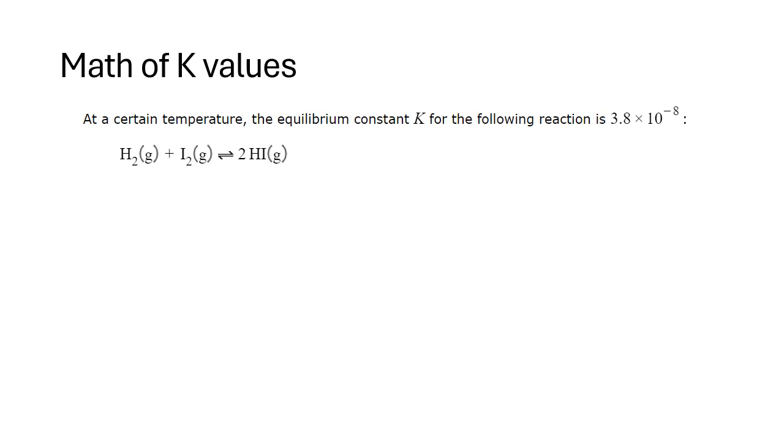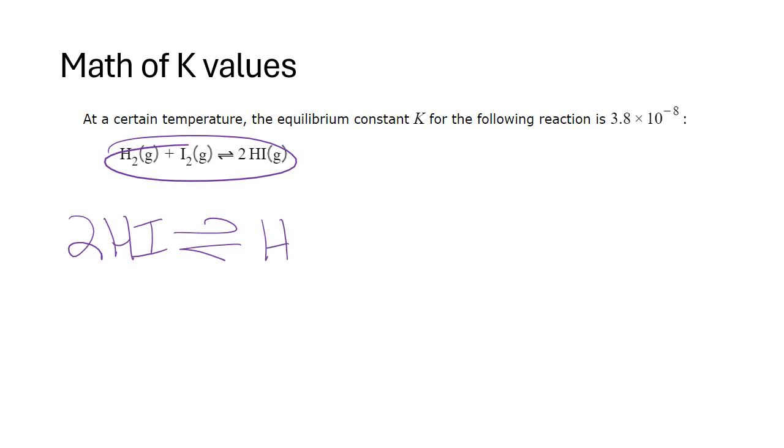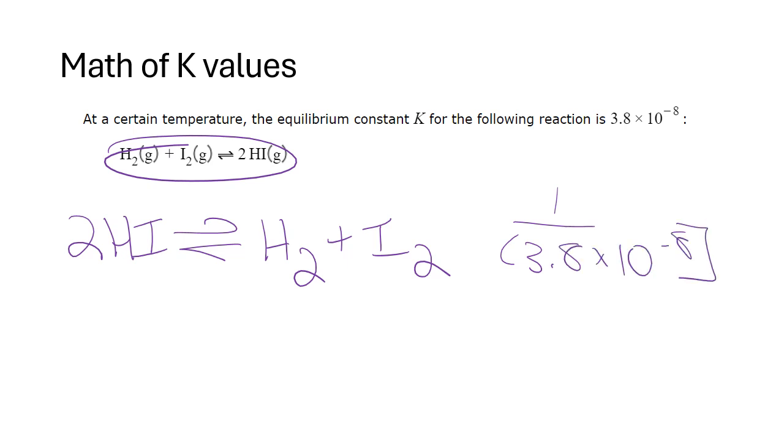So like here, if we're to reverse this, 2HI to H2 plus I2, it's going to be 1 over that number. I think the key would be using the right parentheses, and notice how there's no units on that. So we got 1 divided by, being able to use the parentheses correctly.